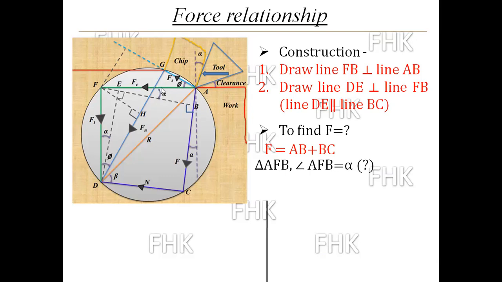How will this angle become alpha? Now you know this is the rake angle alpha, made by this face and the vertical line. When this angle is alpha, the opposite angle will again become alpha.